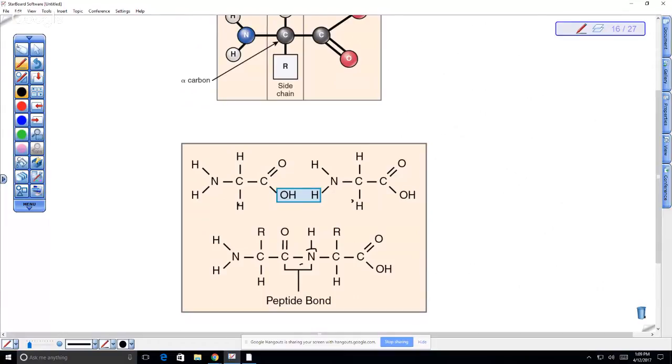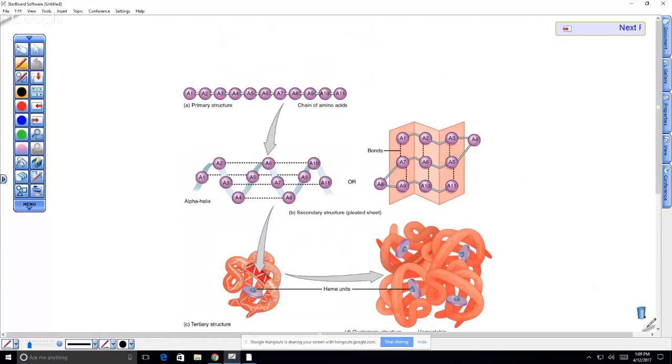Notice that the amino acids have nitrogen in them. That'll be important when we start talking about waste products, because when you break down proteins, you have to produce more urea. So you actually have to urinate and get rid of the urea because of the nitrogen that is found in the protein.